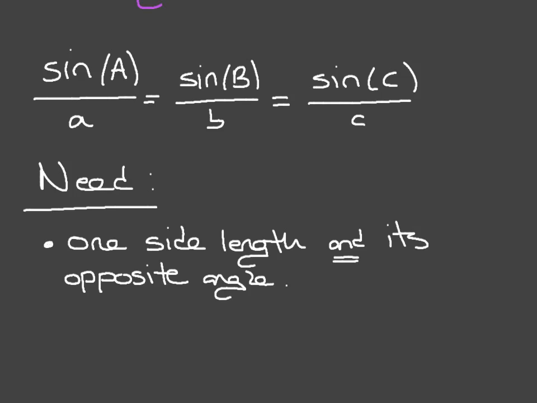Even though those are two pieces of information, I put them together because it's very important when using the sine rule to think of side lengths and their opposite angles as pairs of information.